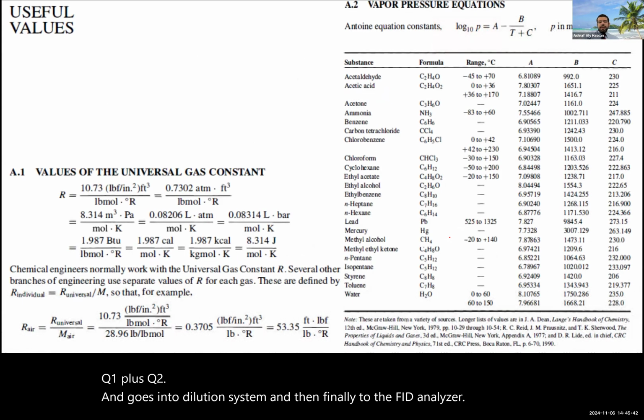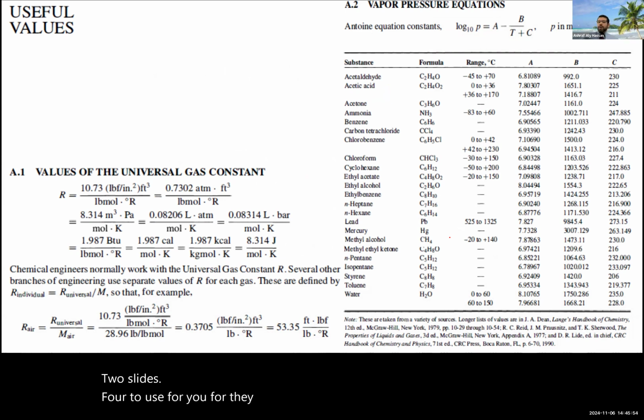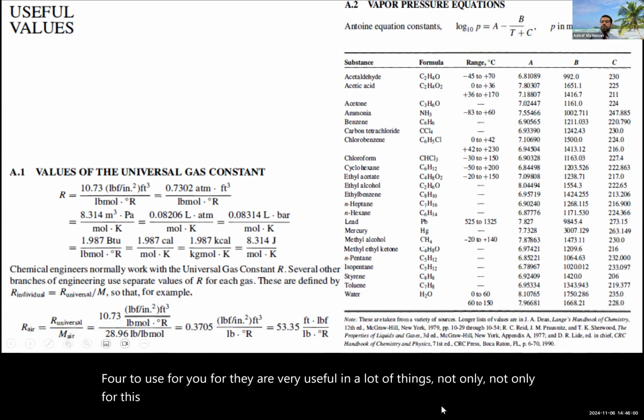At the end of this chapter, I just put these 2 slides for you to use. They are very useful in a lot of things, not only for this chapter, but also for a lot of other calculations that you need to do. So make sure that you have them in the final exam.